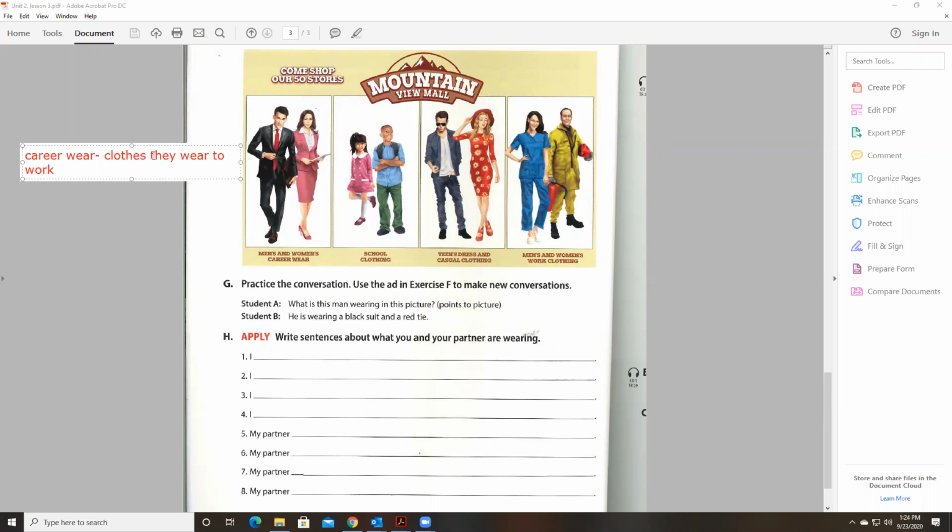Not everybody wears the same thing to work. School clothing, I'm just going to write clothes you wear to school.